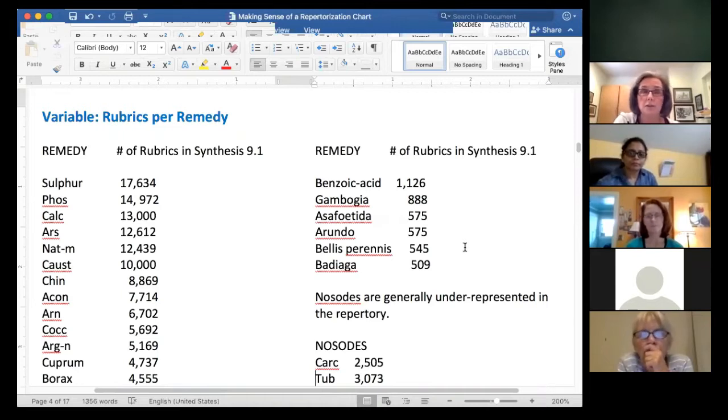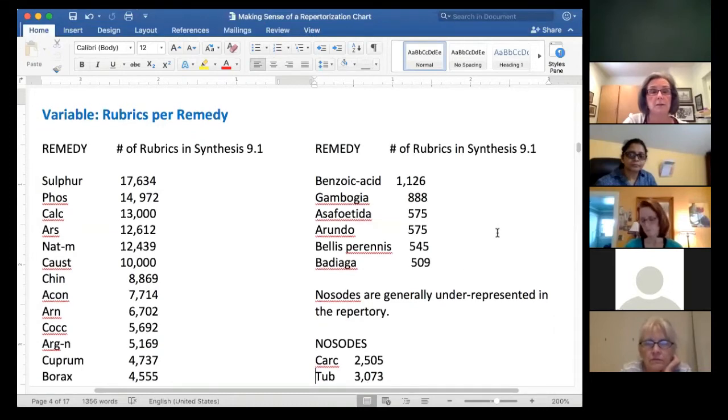So sulfur is very well represented in the repertory. Phosphorus is almost 15,000, calc is 13,000, arsenicum is almost 13,000. So you can see that there are some remedies that are very well represented, and there are some that don't have very many rubrics associated with them at all.